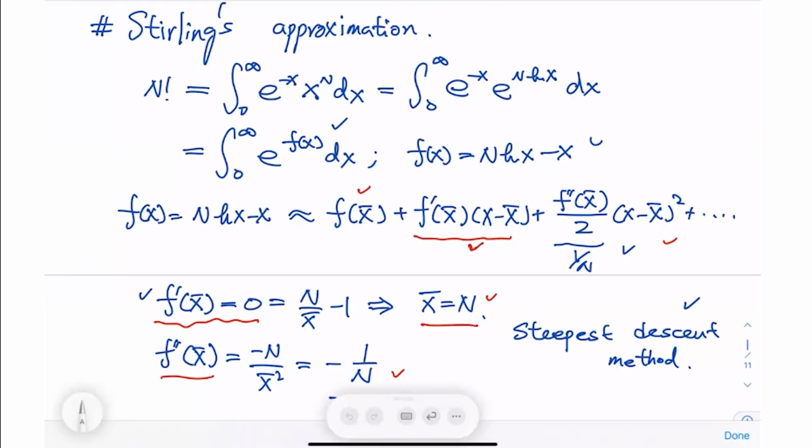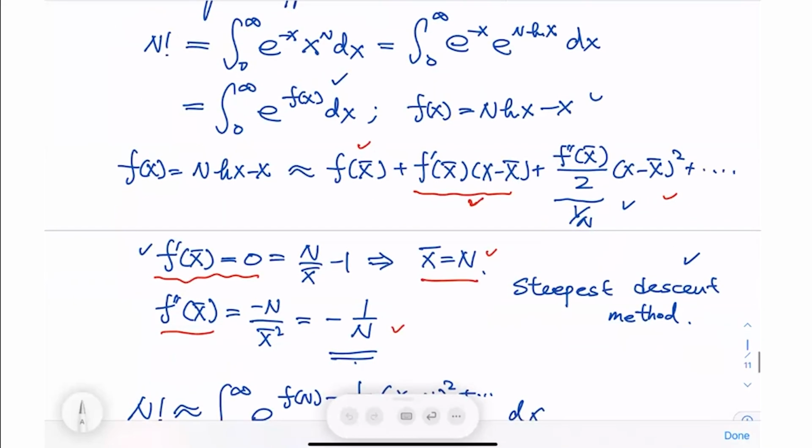However, it is not guaranteed that the error will be small. But in this particular case, you can see that the error is very likely to be small because we evaluate the second derivative. And what we found is that the coefficient of the second order correction, which is the second derivative at that point, actually will give you a factor of 1/n. Okay, so this is the special property of this particular integral.